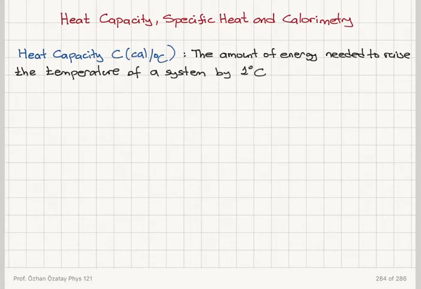So that's the heat capacity of the system. It's the amount of heat I have to provide to the system so that it's going to cause an increase in its temperature, delta T.